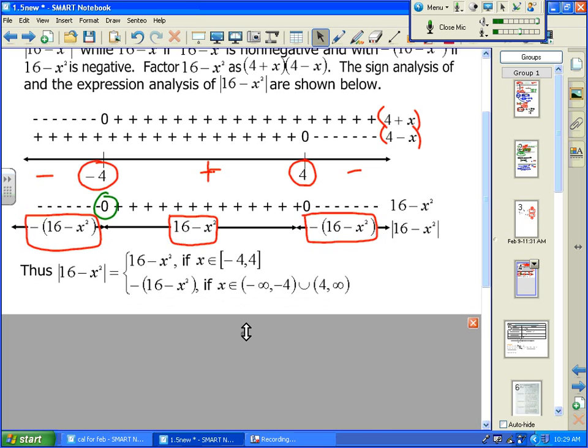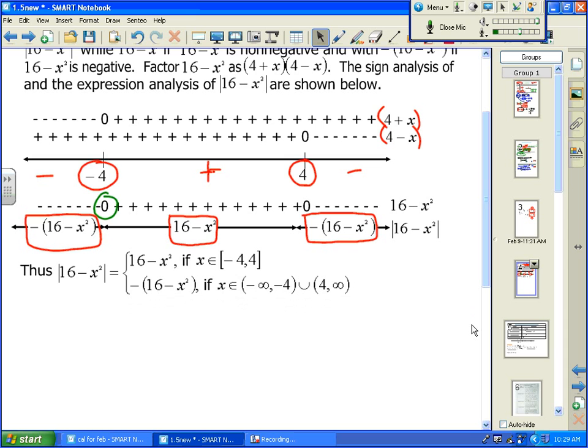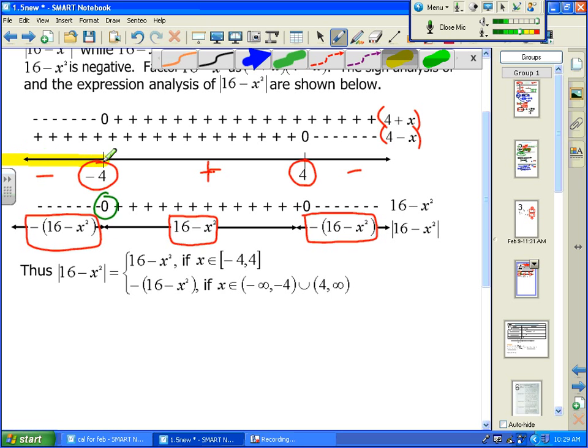And then the bottom half of our answer is negative, 16 minus x squared, and that's when x is an element of negative infinity, all this region highlighted in yellow, all the way up to negative 4, not including it, union 4 to positive infinity.